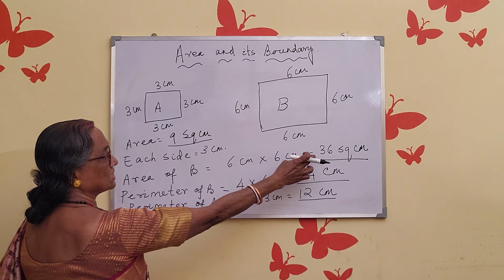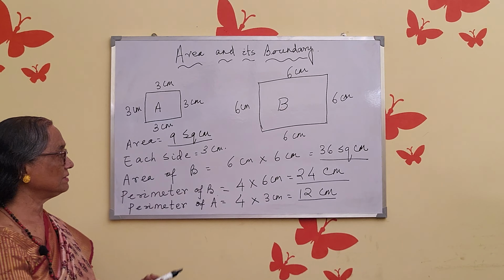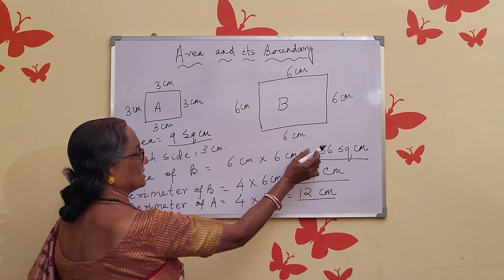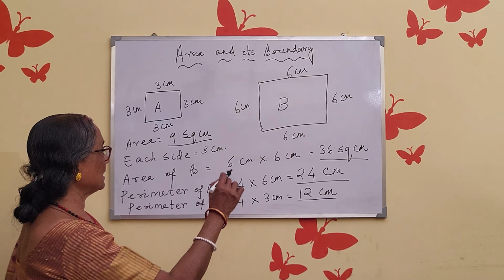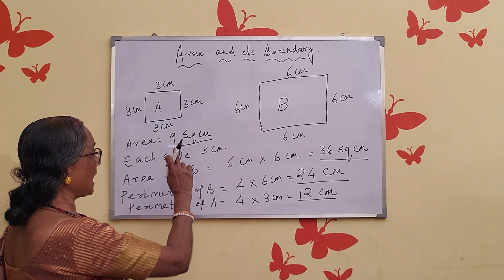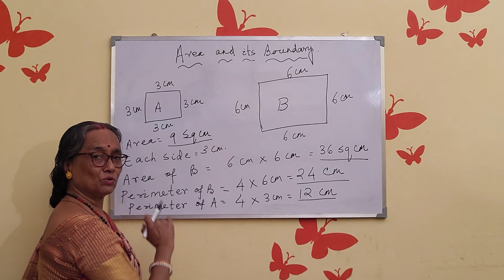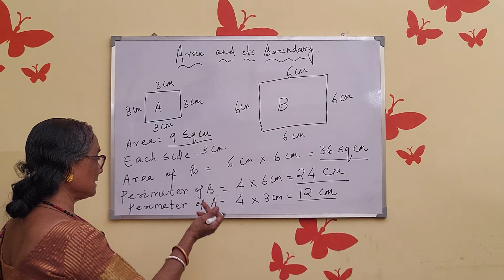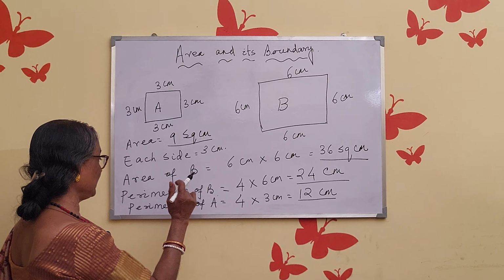Therefore, what is the relation between area of A and area of B? This is 9 to 36. 9 4s are 36. Therefore, how many times more is it? Area of B is 4 times more than A. But what is the relation between perimeter of A and perimeter of B?